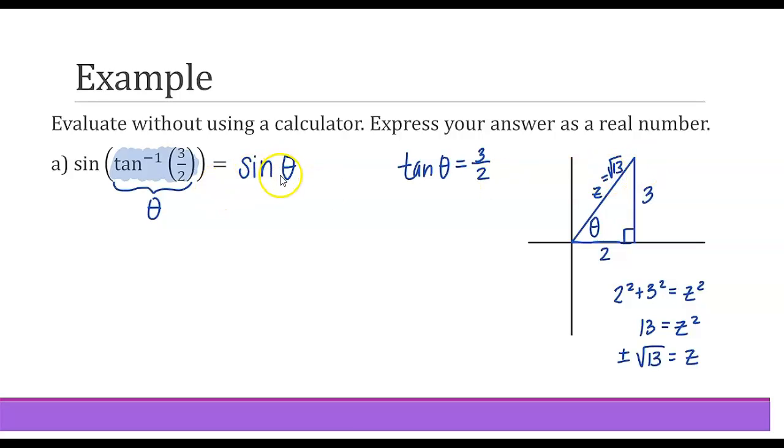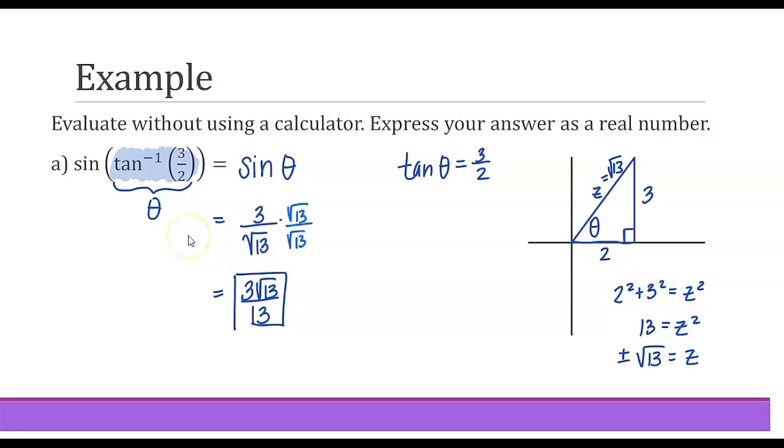So sine of theta, it turns out, is opposite 3 over the square root of 13. Rationalized, we get 3 radical 13 over 13, multiplying that top and bottom by radical 13 to rationalize.